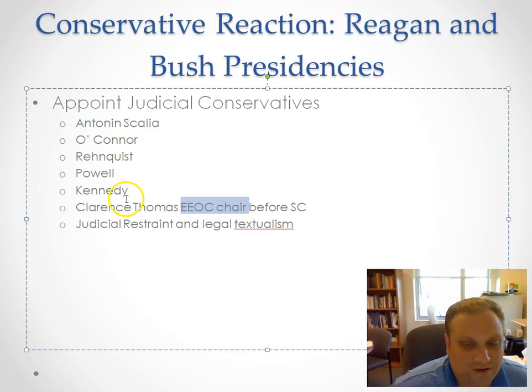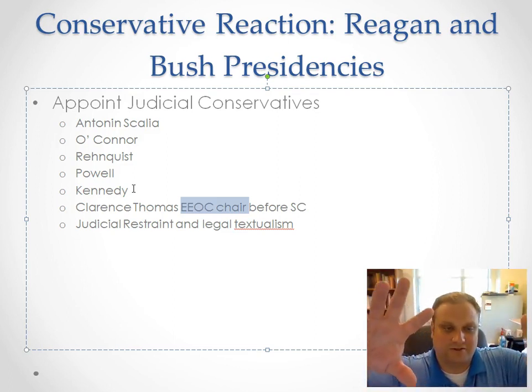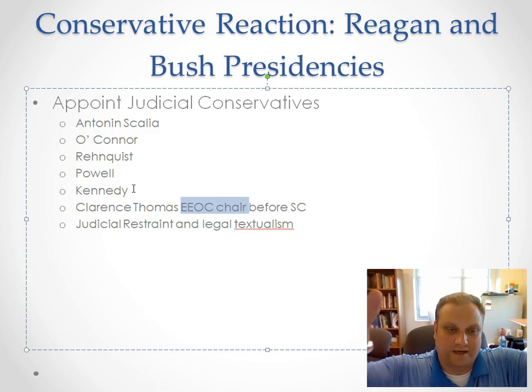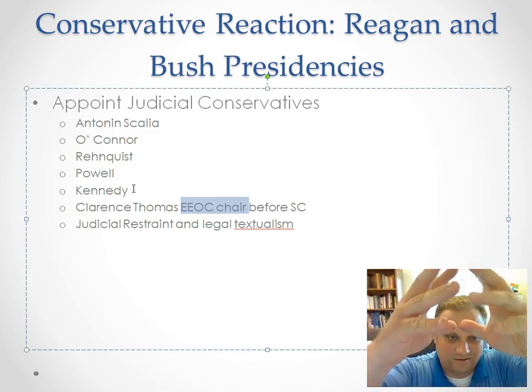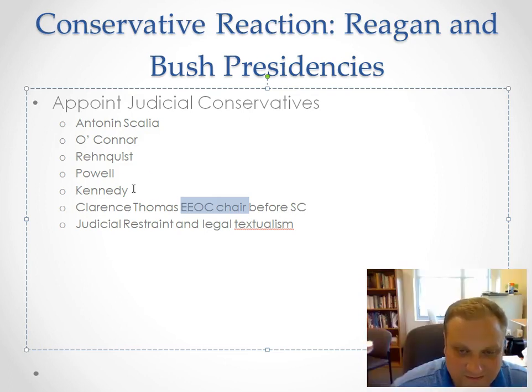Clarence Thomas, while chair of the EEOC, took a much more conservative and less invasive approach for the EEOC. So this bureaucracy that had seen a growth in its power and its advocacy has a new chair that wants to squash it. So then he became a Supreme Court justice.